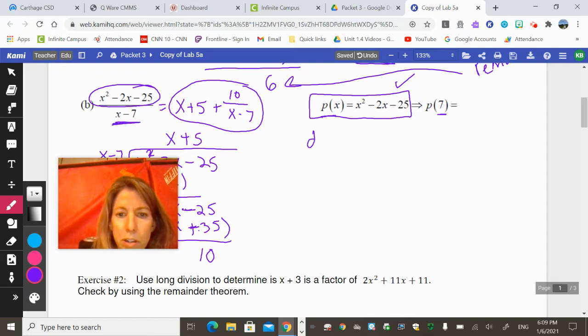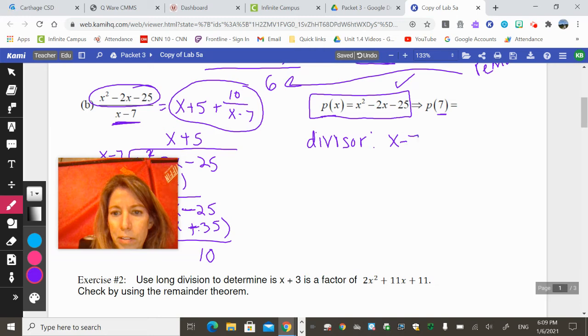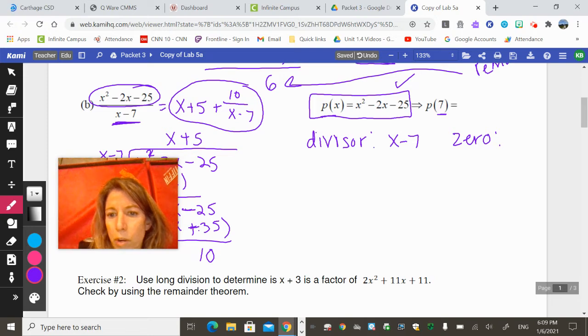So just to review vocabulary again, the divisor in my problem was x minus 7. The 0 of that divisor, I'm not going to do the work now, it's just whatever value will turn this into 0, would be a positive 7. Okay, should be consistent there.